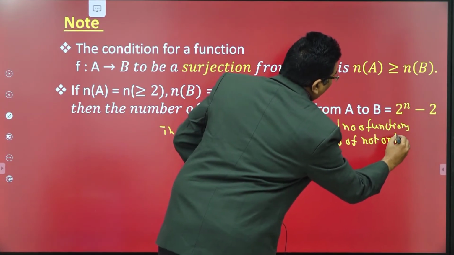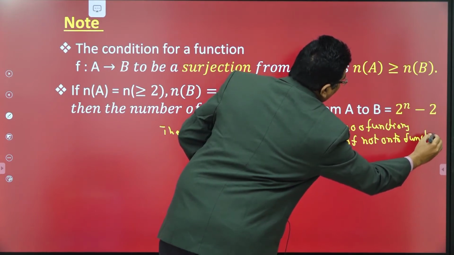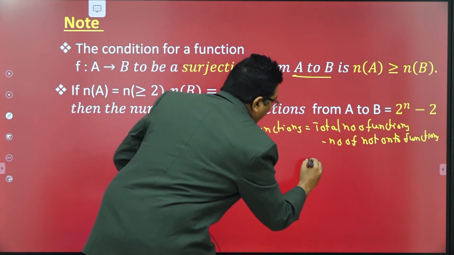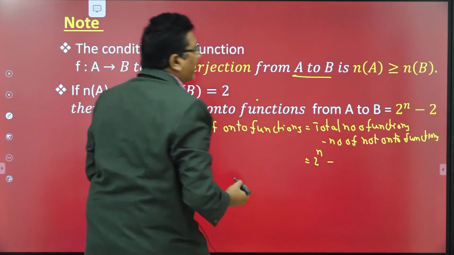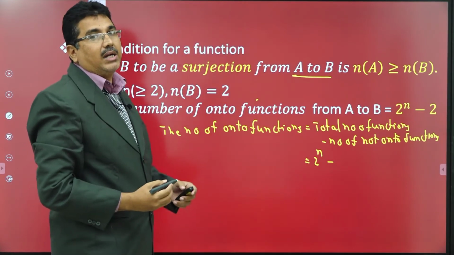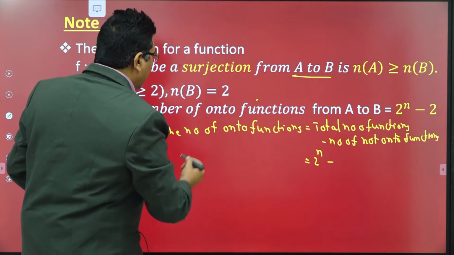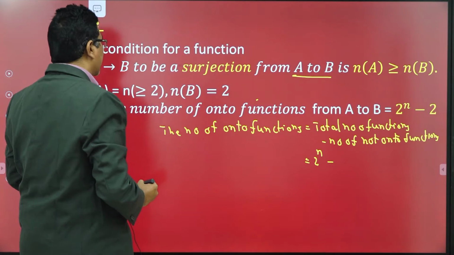Here the total number of functions is 2 power n, minus the number of not onto functions, that is 2. See what the not onto functions are.